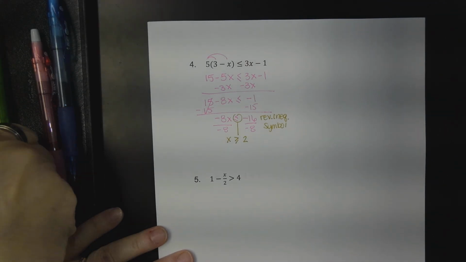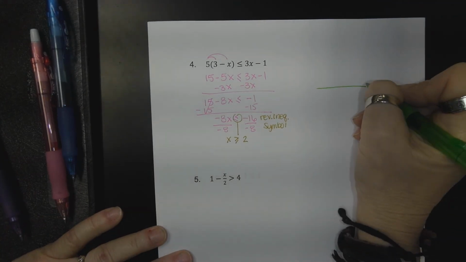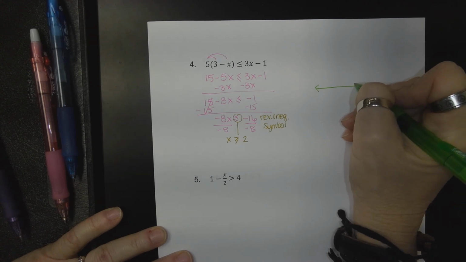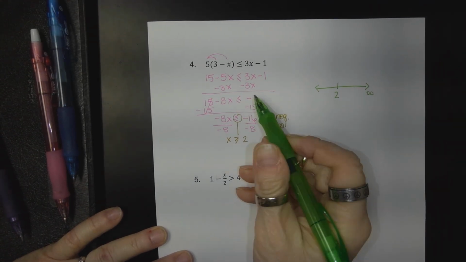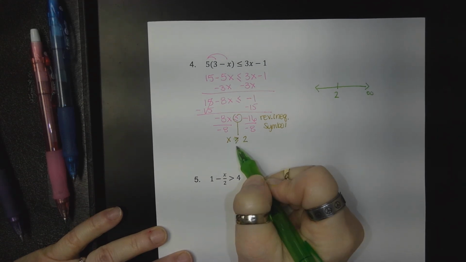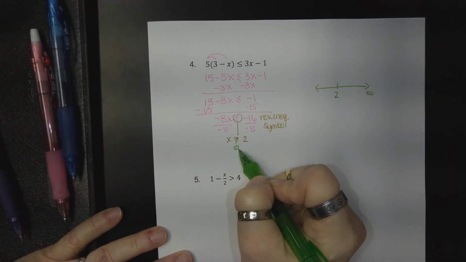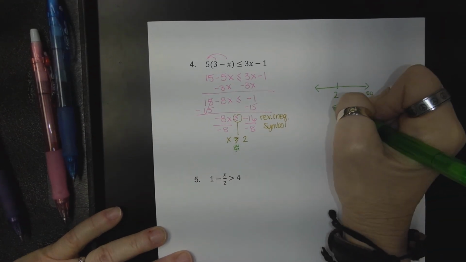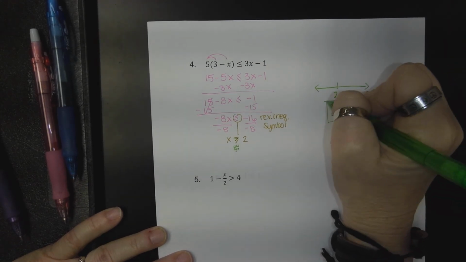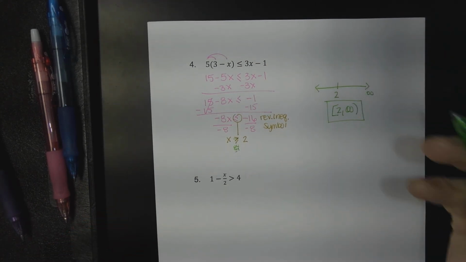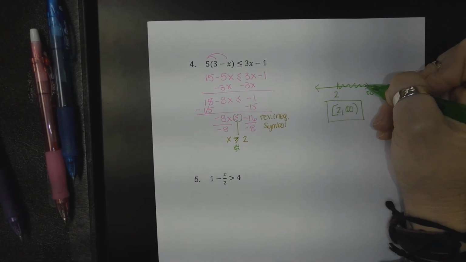And we'll just put that on the number line. This way, but when we look at it, we see it's greater than or equal to, so we know it's going to be a bracket. This way, so it's to the right.